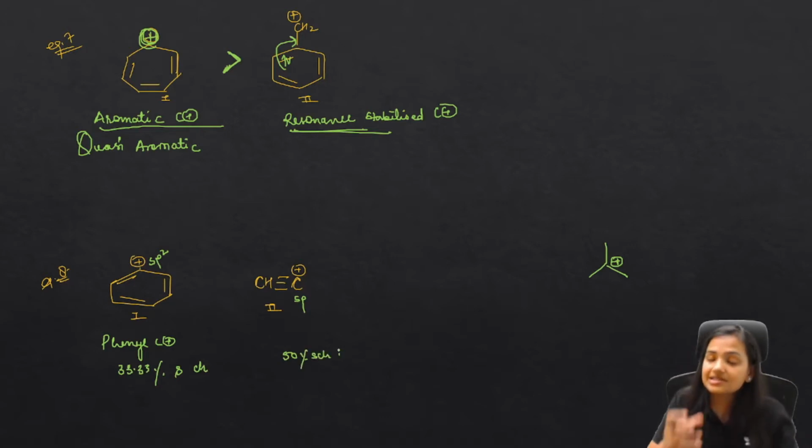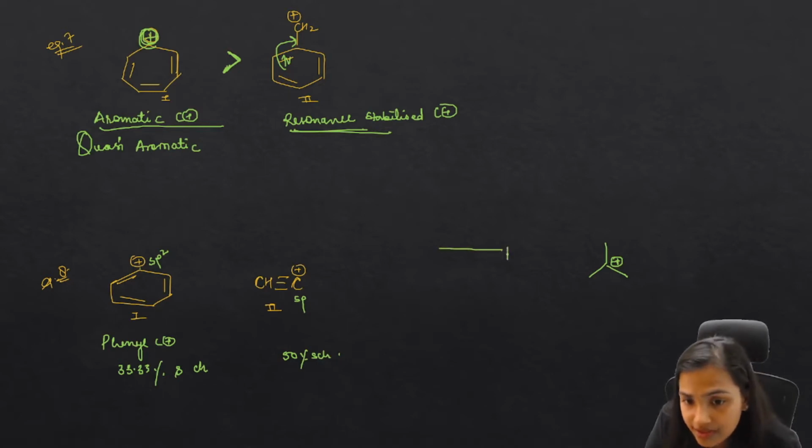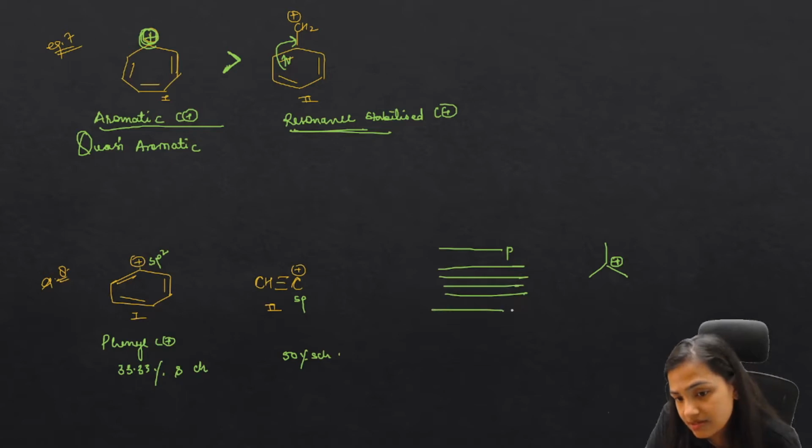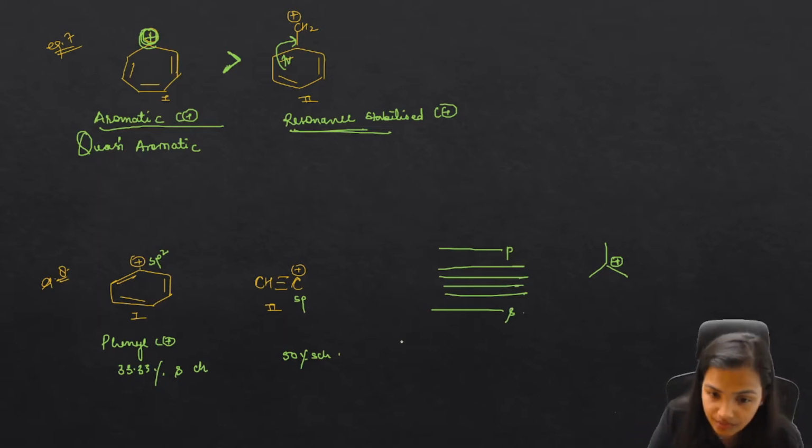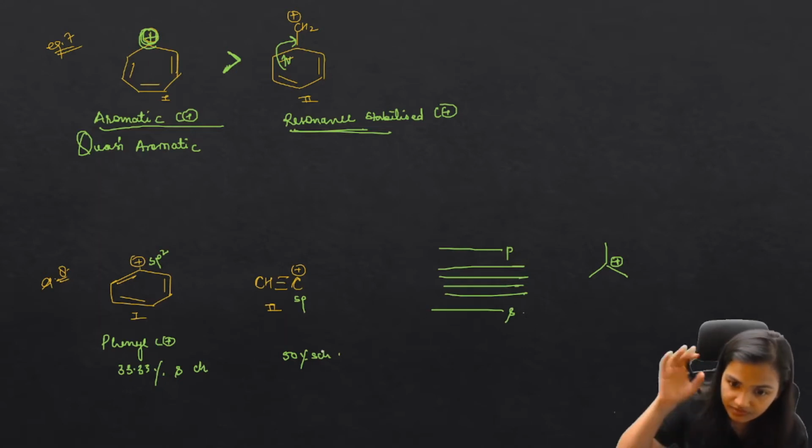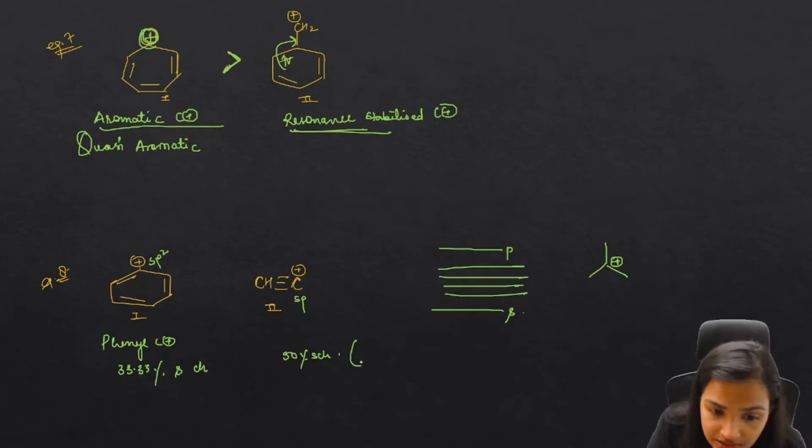And as the s character increases, the energy decreases. I told you the energy of the p orbital is higher than the s orbital, so if the percentage of s character increases, it means the nucleophilicity decreases.